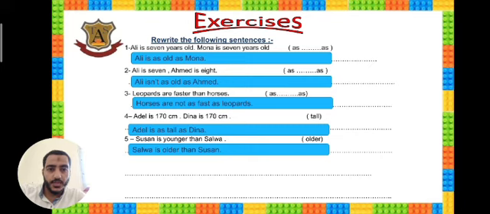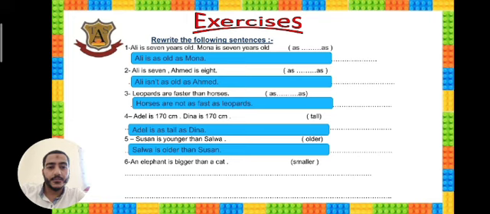The opposite of younger is older. And both of them are one-syllable adjectives, right? So we just add er, not more, right? Okay, very good. Next.